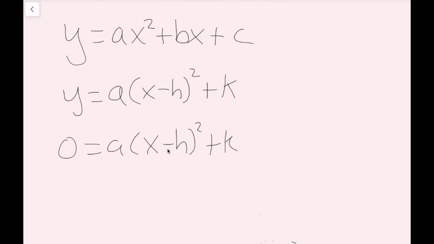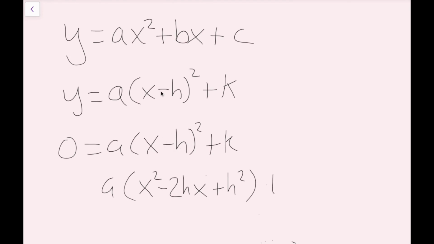Anyway, what I'm going to do right now is try to write this in standard form. So I'm going to square out my x minus h. That becomes a times x squared minus 2hx plus h squared. If you didn't know the special case of squaring a binomial, you could just FOIL it out.